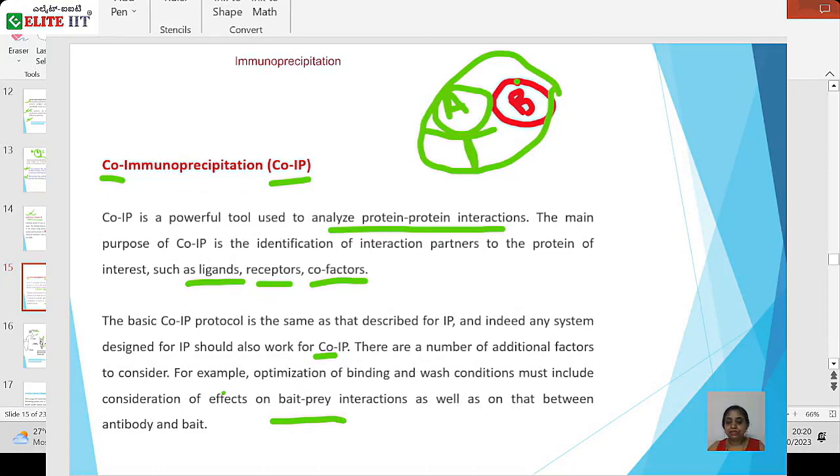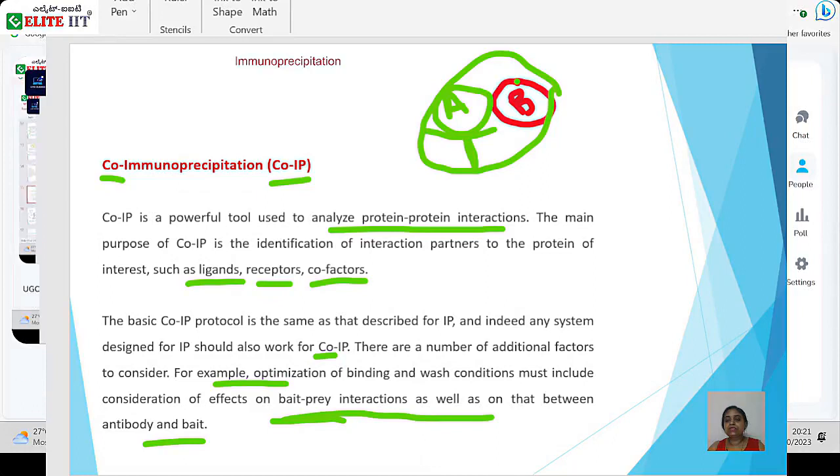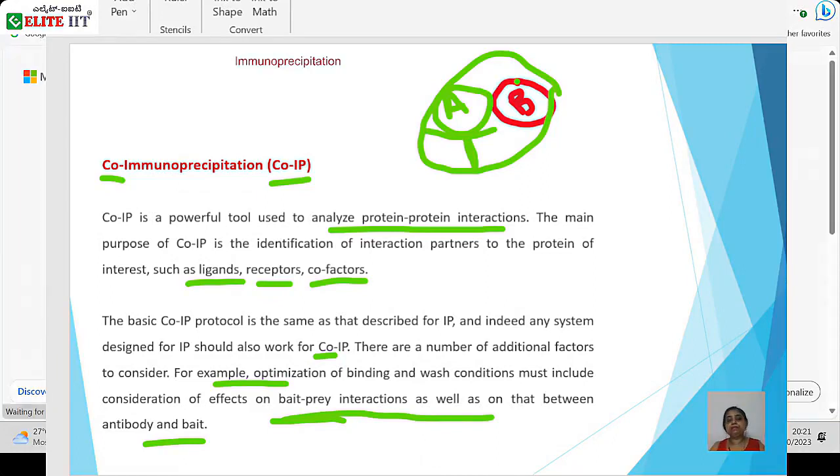Here it is given that the optimization of binding and wash conditions must include consideration of effects on bait-prey interaction as well as on that between antibody and bead. What is bait-prey interaction? Just a minute.